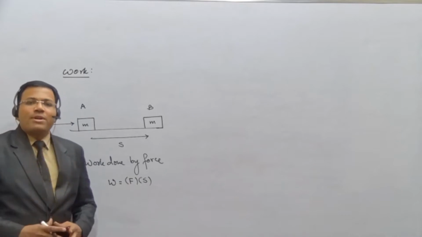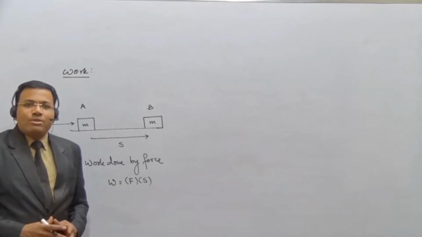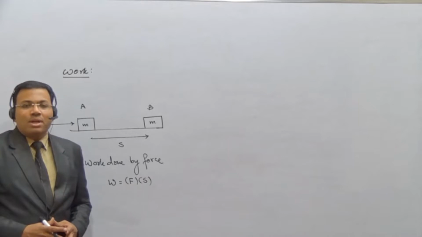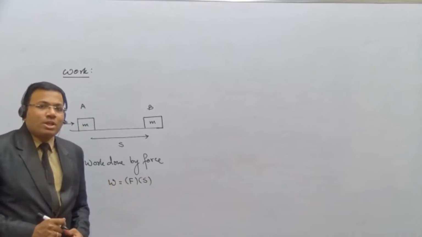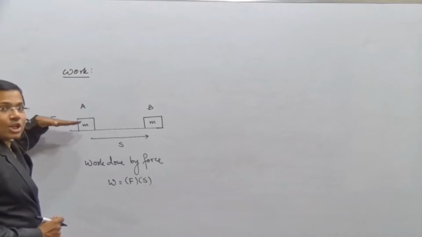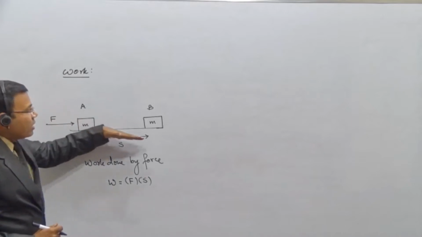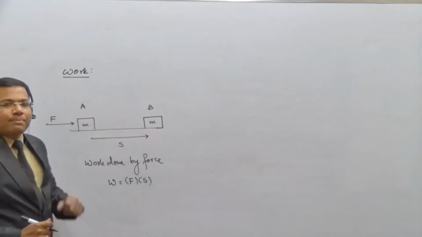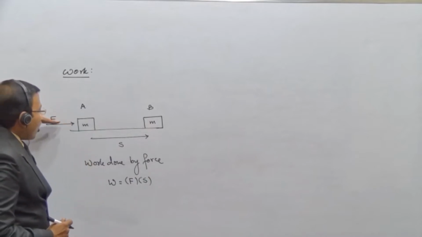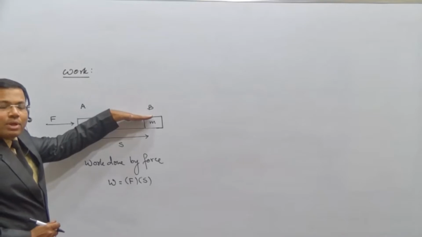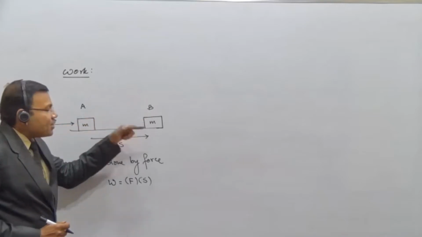But here we have one restriction. You should understand the restriction to use this formula: the direction of the force and the direction of the displacement, both are the same. I have applied a horizontal force, and the displacement is along the horizontal.